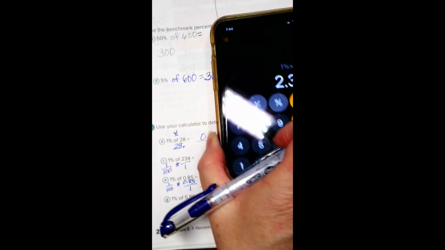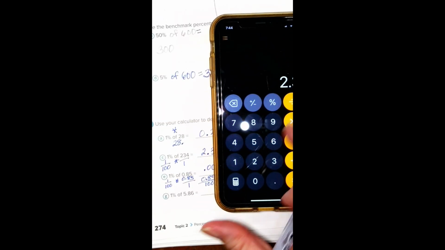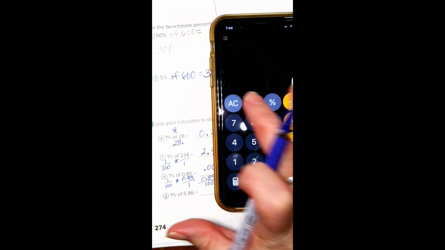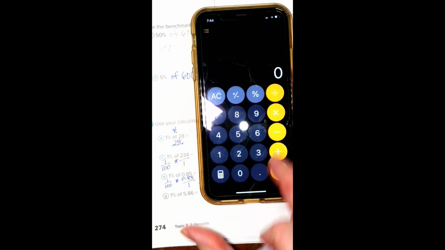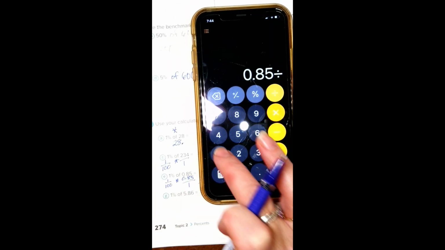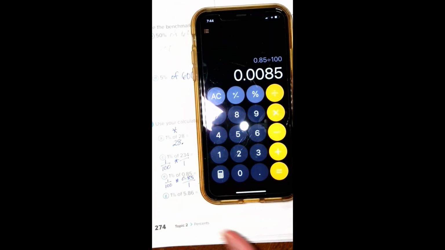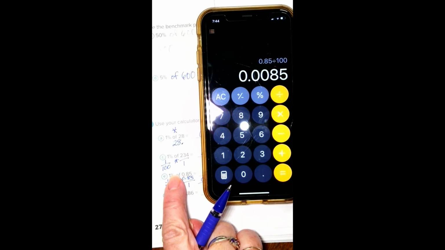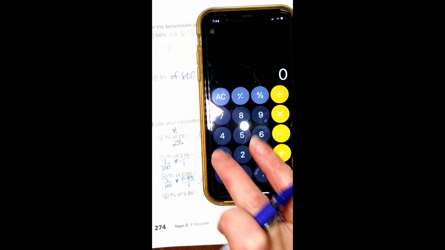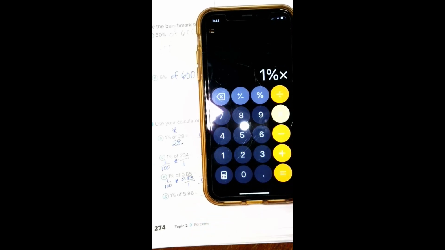Let's use a calculator and check. So I'm going to do it both ways here. I'm going to do 0.85 divided by 100, 0.0085. And I'm also going to do the 1% sign, 1% of 0.85, and I get the same thing.